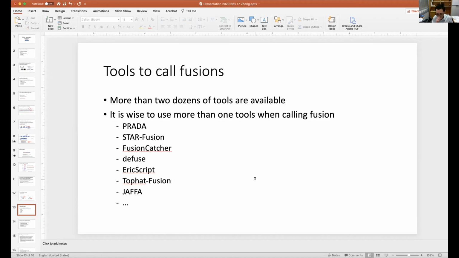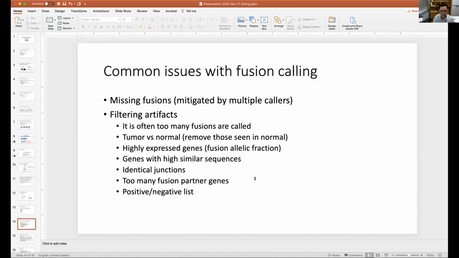Typically, in a cancer genome, you get thousands of potential candidates, and if you apply very conservative, strict filtering criteria, you typically end up with only maybe a dozen candidates, meaning the vast majority of these candidates are not real. So how do you filter out these artifacts? That's a big challenge for fusion identification.